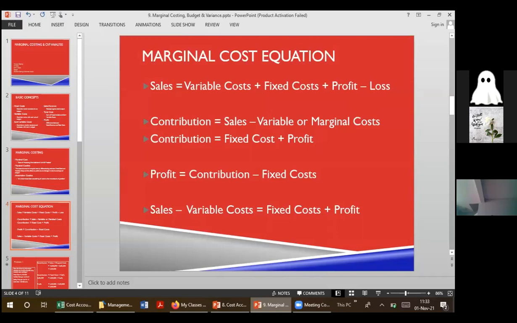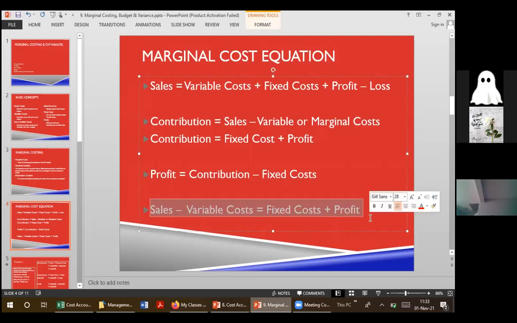So this gives us two other formulas here. Sales minus variable cost is equal to fixed cost plus profit. Why is that? Because they are both equal to contribution.